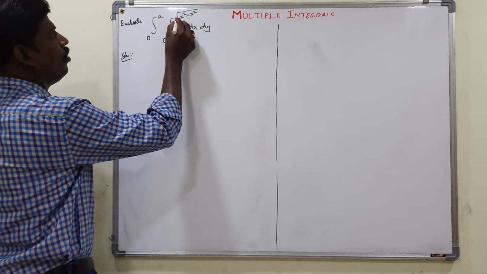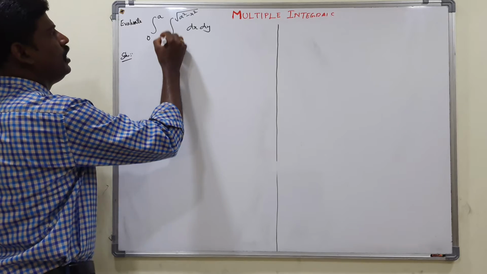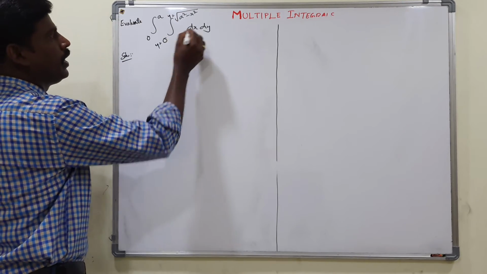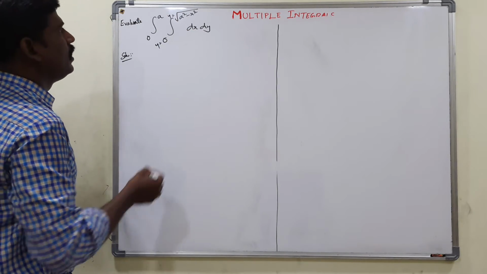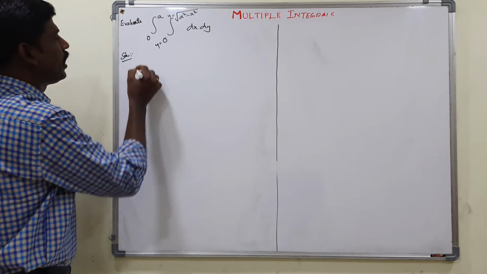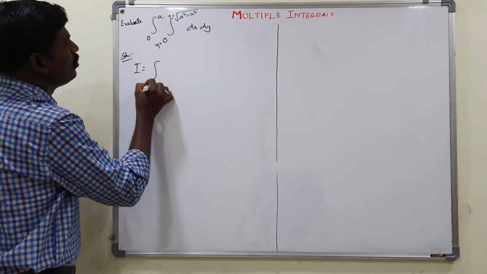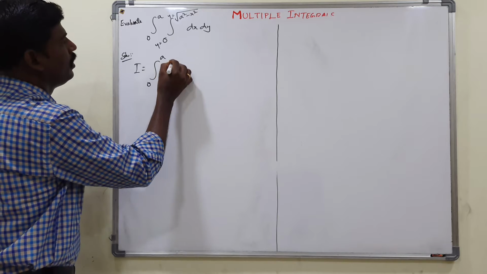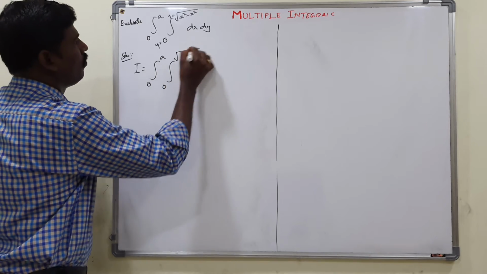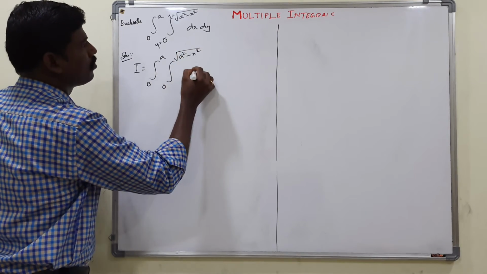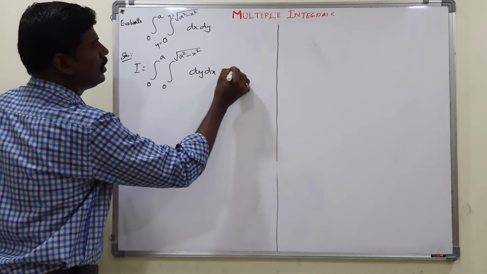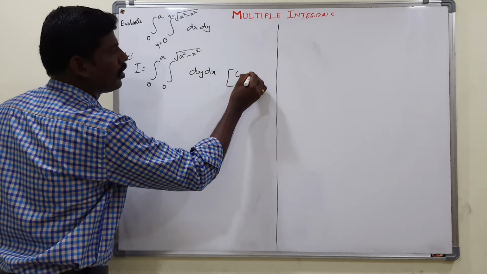Right? So look at here, it is a function of x, so this is the limit for y. But here, integral with respect to x comes at first, so it is not in correct form, so make it into correct form. Let us take the given integral as I. 0 to a, 0 to root of a square minus x square into dy dx. So this is in correct form.